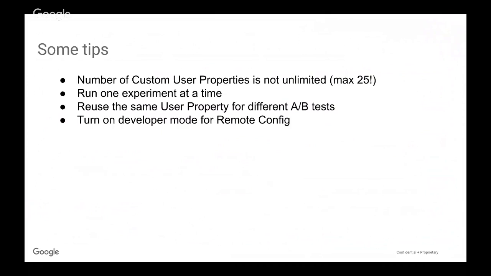So what I would recommend is you create one user property for the experiment for all A/B testing, and you run one experiment at a time. Running one experiment at a time is always a best practice because you don't want any other factors to influence your user experience.